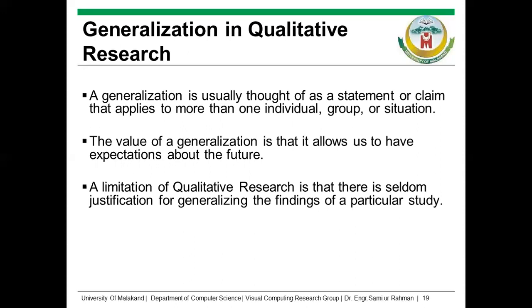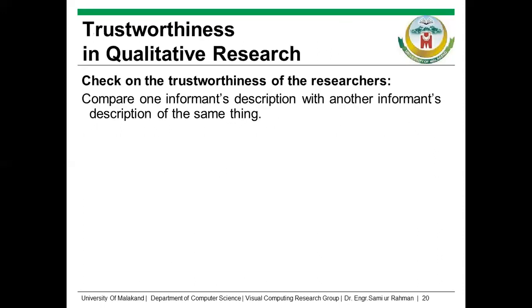For example, if we are interested in studying some emotional aspects of a population of a given district, we select samples and we conclude something, and then we generalize, but actually we can't give sufficient satisfaction on this generalization. So usually it is difficult to generalize the outcome of a given study.